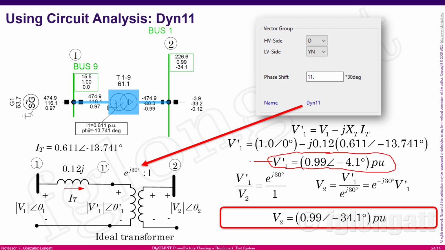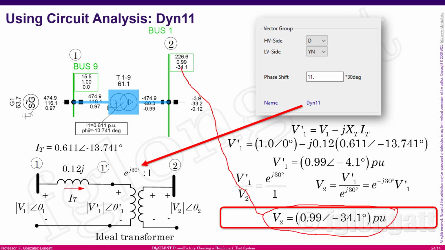But this voltage is located here. Then what I need to do is use the transformer ratio, and remember that the transformer ratio in this case has 30 degrees, and voila, we can obtain the solution. And the solution here is 0.99 minus 34.1 degree per unit, okay?